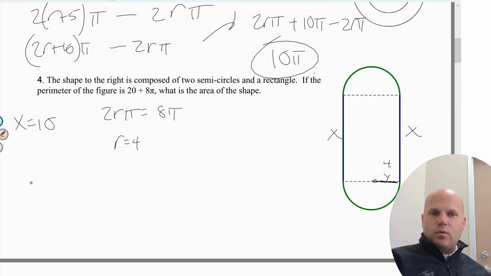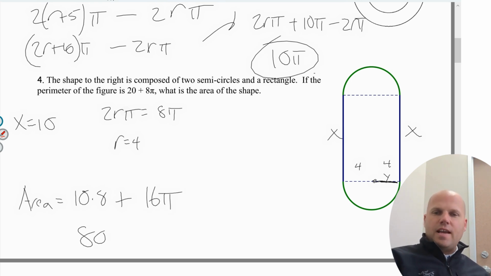Therefore, the area would be, this would be 4 as well. 4 plus 4 is 8, so 10 times 8. And then we have a full circle, which is pi r squared pi. So I get 80 plus 16 pi.